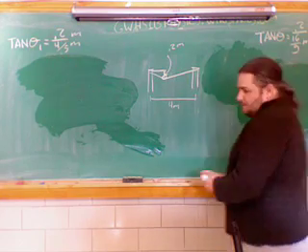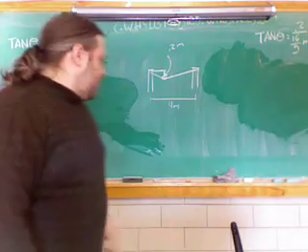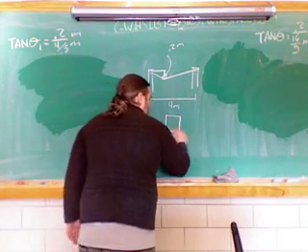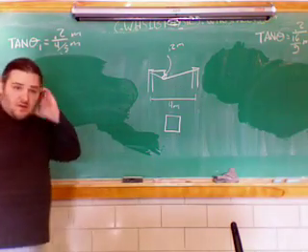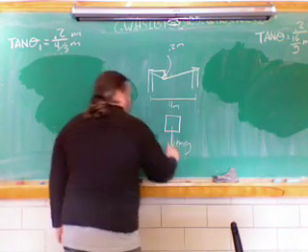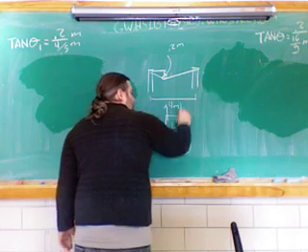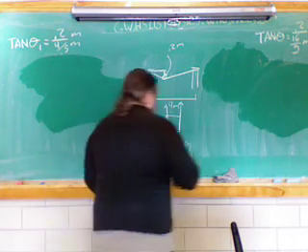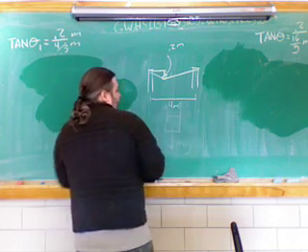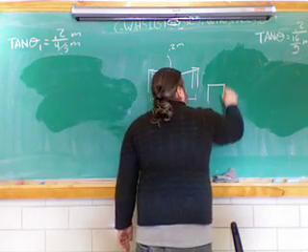Okay, looking at the free body diagram of that tree branch, we have the weight down, and we have a portion of the tension up. So there's my tree branch.